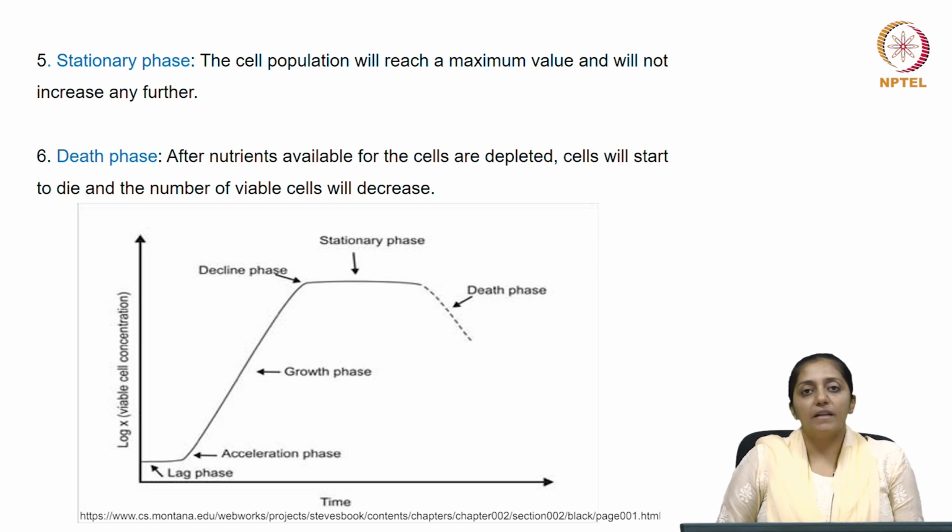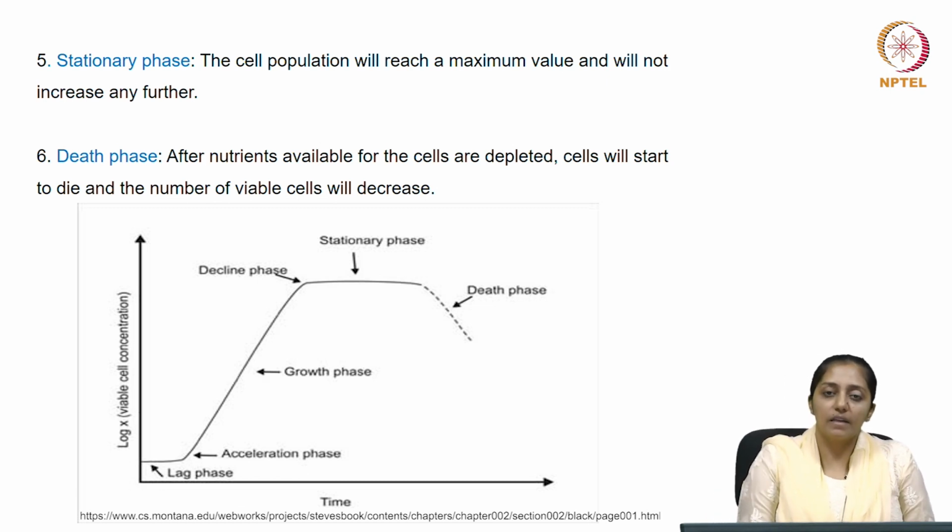Still, if the batch cultivation is continued, then there will be a time when the cell number starts decreasing. This happens because of cell lysis, which could be due to prolonged nutrient limitation.